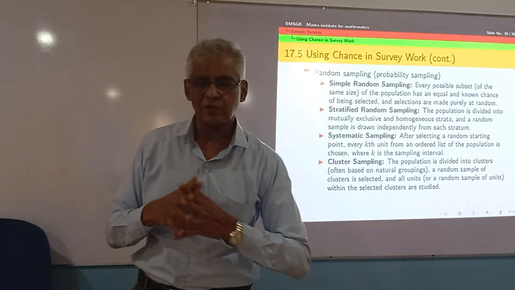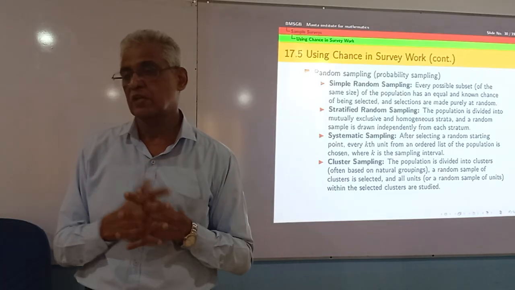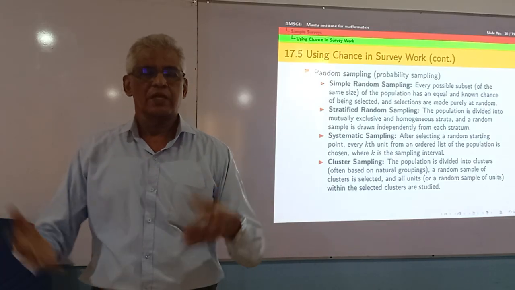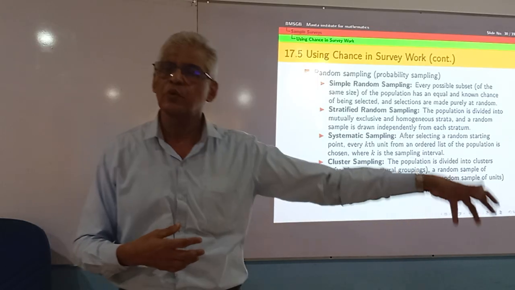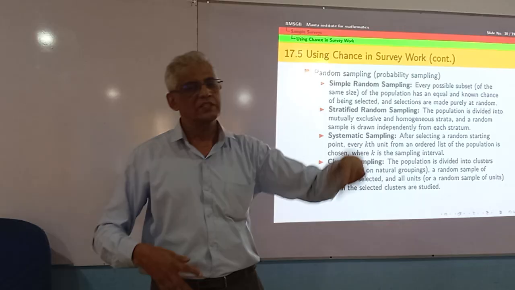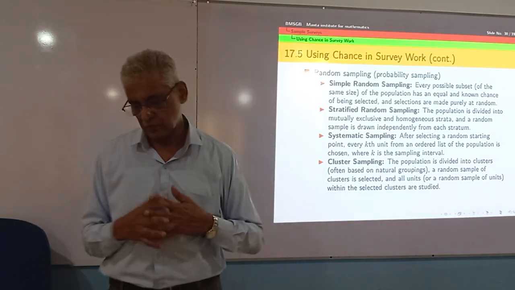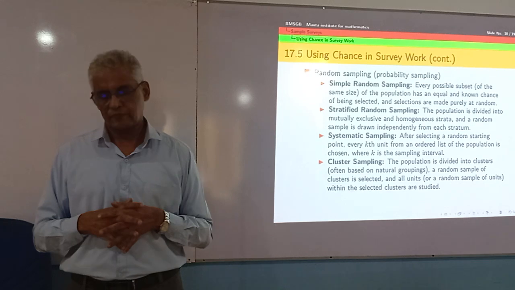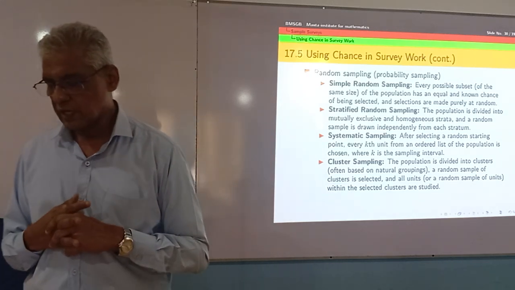So if you have to go to collect data, it will be very, very costly. In that kind of situation, if you can just select one, say, county, or 2 counties, and then go to that county, within that county you can collect the data with a smaller cost. So that kind of situation is called cluster sampling. That's again a random sampling method.